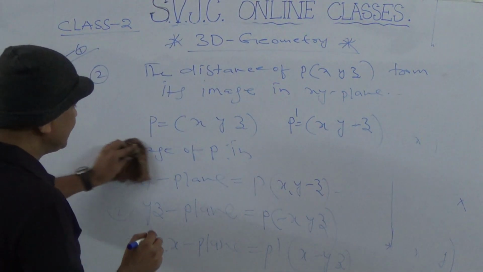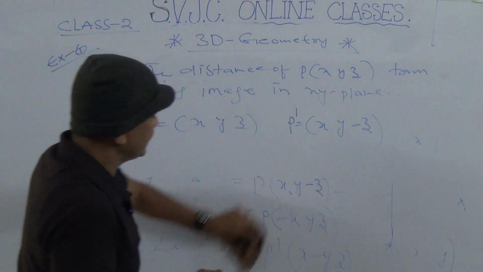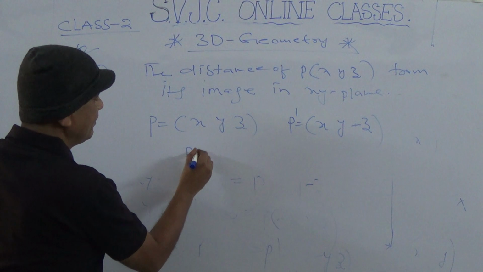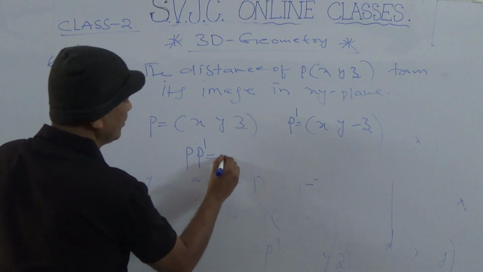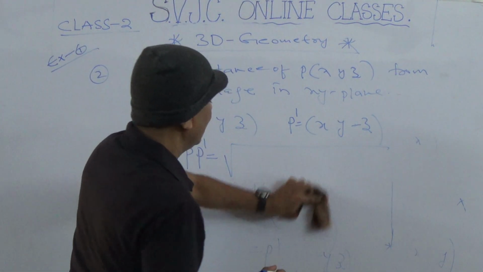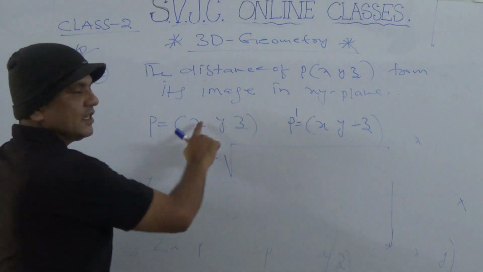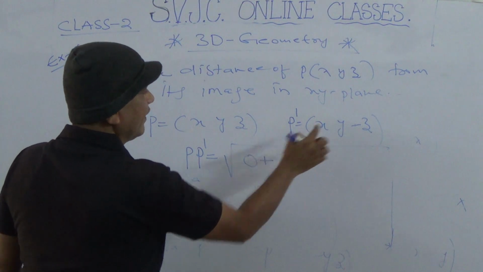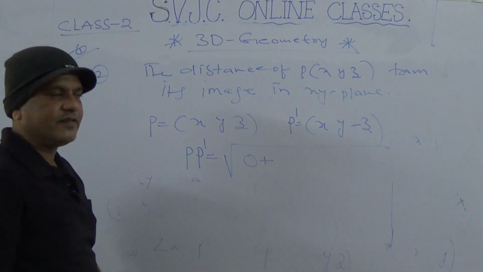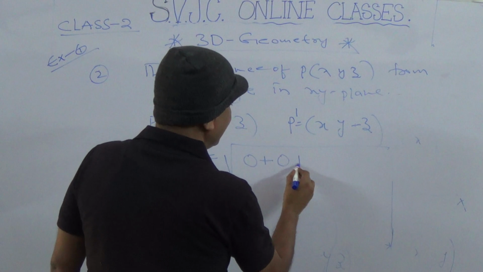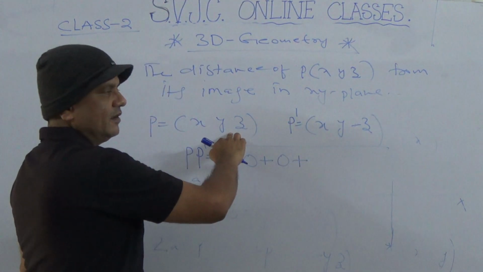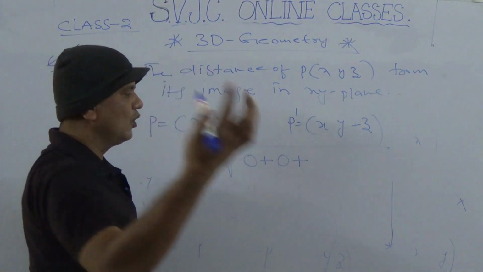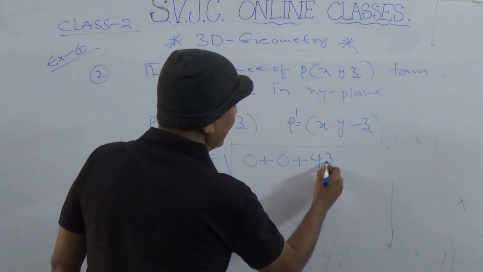Now the distance between these two points, by using the distance formula, is the square root of (x minus x) whole square, which is 0, plus (y minus y) whole square, which is 0, plus (minus z minus z), that is minus 2z, whole square, nothing but 4z square.